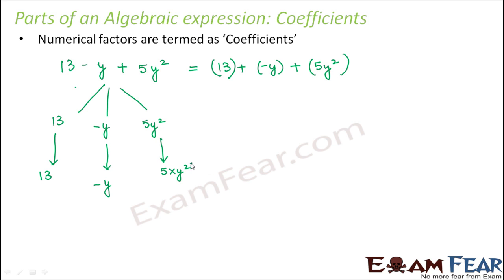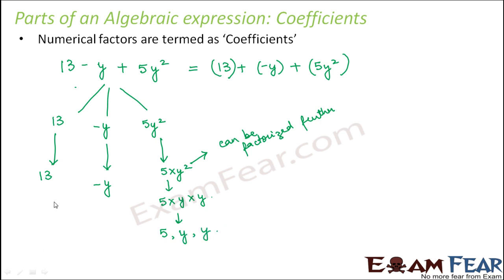No, that's not possible, because y square can be factorized further. y square can be very well written as y into y. So this can be written as 5 into y into y. So what are the three factors for 5y square? It would be 5, y and y. So these are the possible factors.